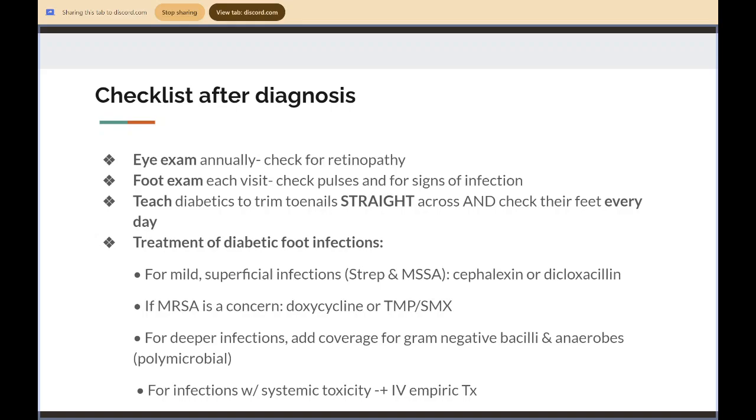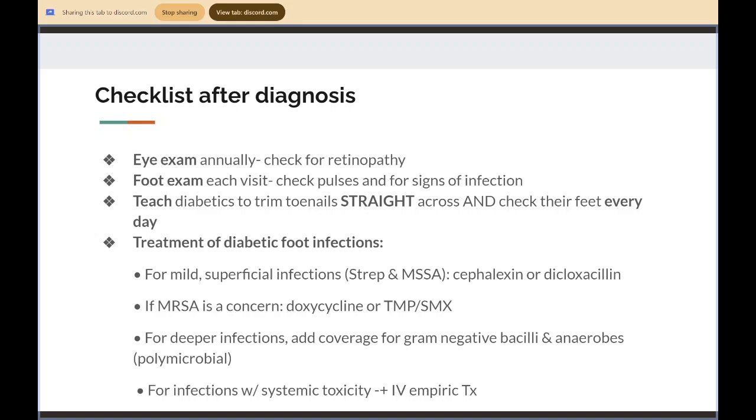So, checklist after diagnosis. You're going to want to have an eye exam annually to check for retinopathy. A foot exam each visit. We want to check pulses and for signs of infection. Diabetics need to be taught to trim toenails straight across and check their feet every day.